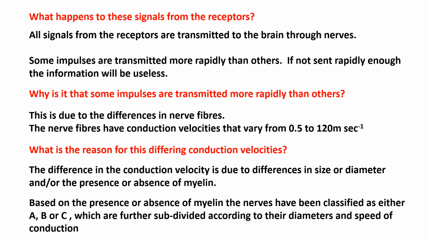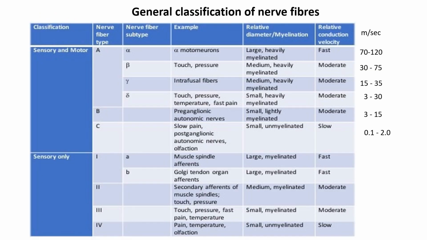Now, based on the presence or absence of myelin, the nerves have been classified as either A, B, or C. Of course, these are further divided according to their diameters and speed of conduction. You see in this table here, you have the various types of nerves.